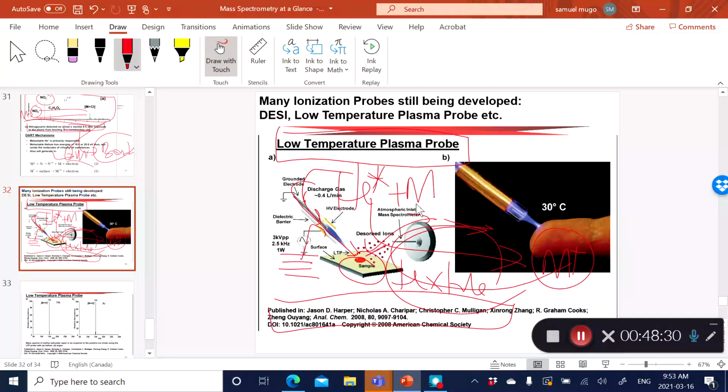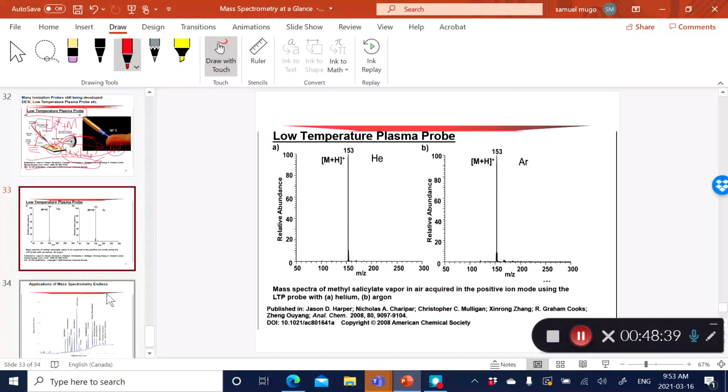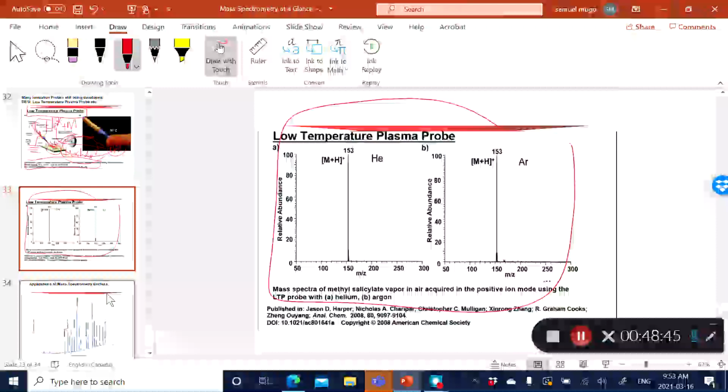But you can see again, it's understanding the mechanism, and then you can adapt it, innovate, and create different types of technologies. In this case, it's just data that I got from this paper to show you the low temperature plasma probe. And look at it.